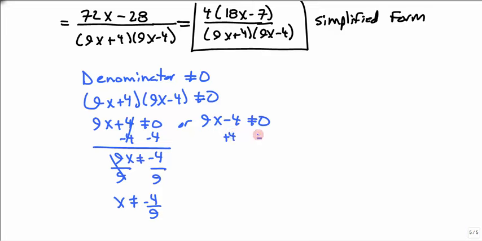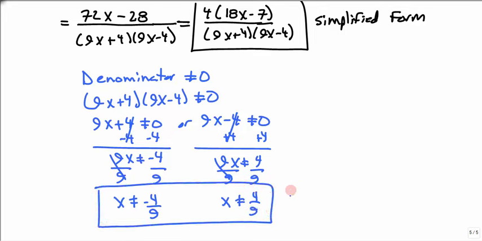Here I'd add 4 to both sides, divide both sides through by 9, x cannot equal positive 4/9. So these are my restrictions. If I get solutions that are equal to negative 4/9 or 4/9, then that would mean the fraction would be undefined. So I have to be really careful when I'm working with these.